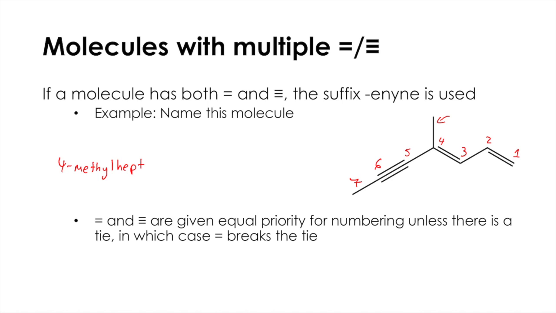And then we indicate the location of the double bonds first, so 1, 3. And because there are 2, we call it diene. And then the yne is on 5, and there's only 1. So enyne can actually be split up if we have to indicate the location of those carbons.